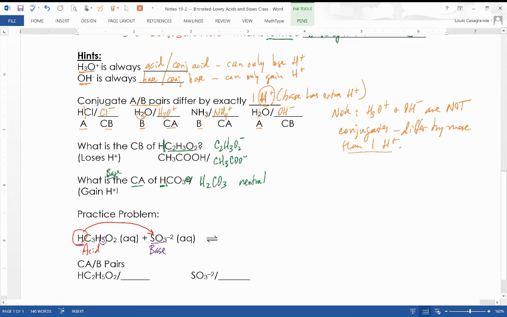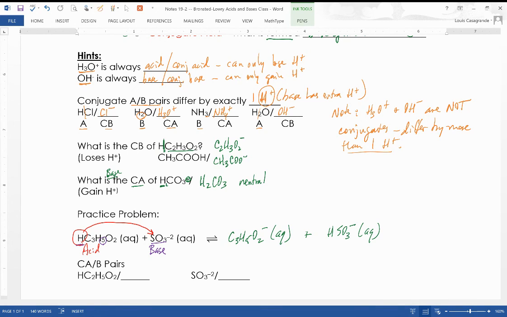All right, so on the right side, the propanoate, that's a mouthful, C3H5O2 is left over. We've lost a proton, so it's a negative charge, and that's aqueous. And the sulfite has gained a proton and made HSO3 minus, gained a positive charge, and that's also aqueous.